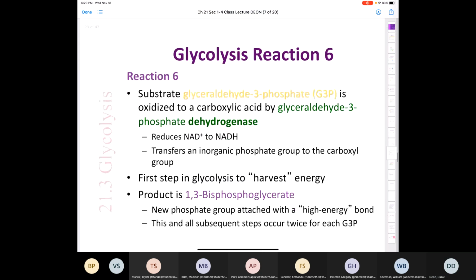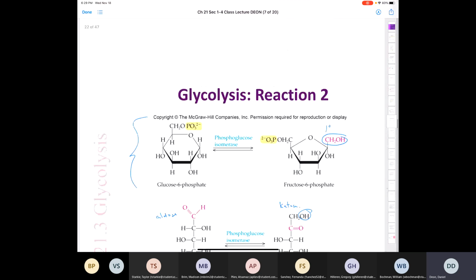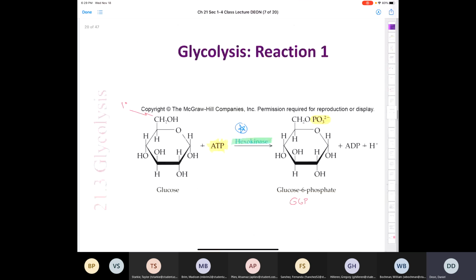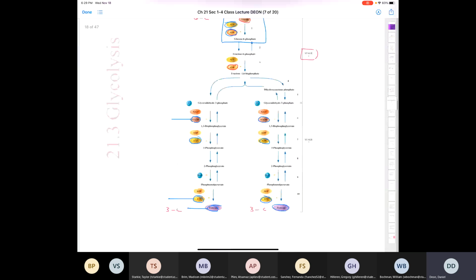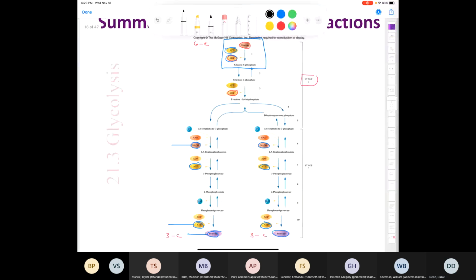Here we go. All right, so now we've got two G3P molecules. You know what? Let me back up. I go back to my figure here. I just want to make sure you're on the same page as me. I don't want anybody to be completely lost. Okay, so now we've covered this part here, and now we've got two molecules of G3P.